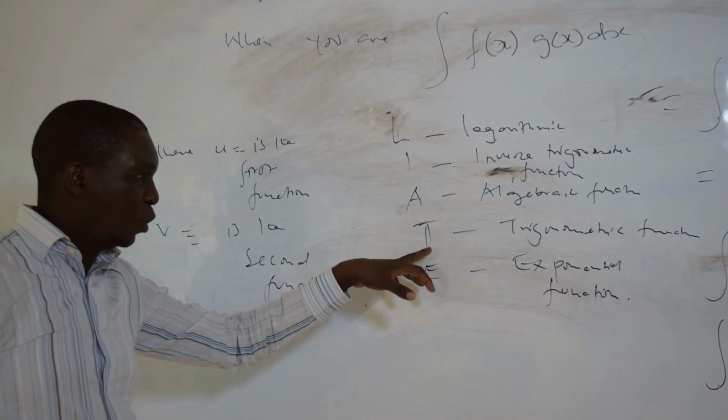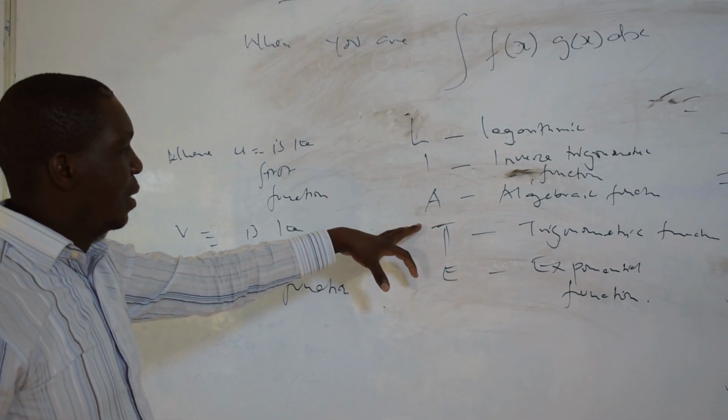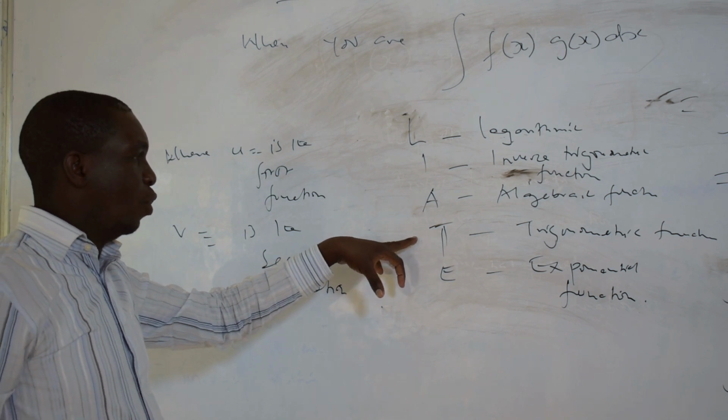If a trigonometric function appears before an exponential function, then your u becomes the trigonometric function.